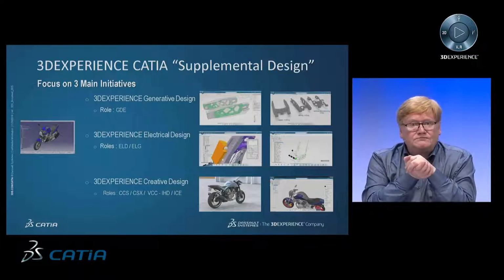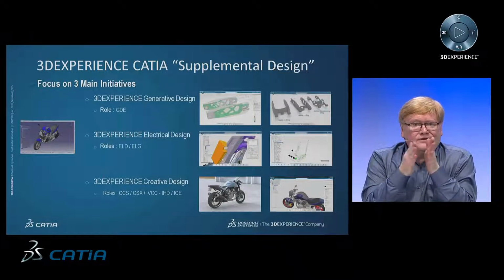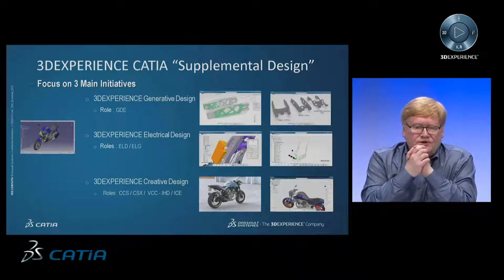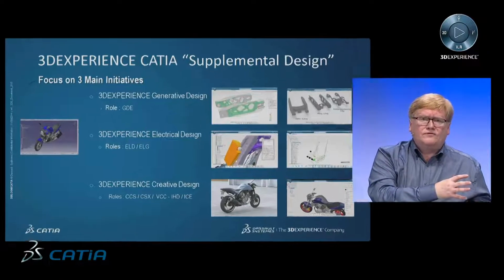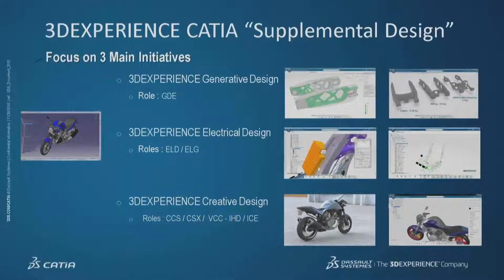And we'll show you videos which demonstrate the end-to-end of that process. We're starting with generative design, with the function-driven generative designer role, where we'll take a part of a V5 product and then create some optimization within the 3D Experience CATIA. We'll then look at electrical design, where a mechanical frame of a car seat which is designed and continuing to be designed in CATIA V5, is then augmented by the electrical design process within CATIA 3D Experience.